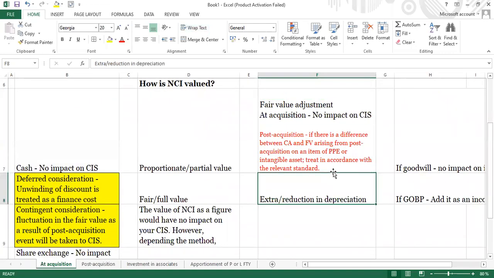So the next one is extra depreciation. Up here, when you do your fair value adjustment at acquisition, if you can remember, there is usually the concept of extra depreciation or reduction in depreciation. Whatever the case, the effect of depreciation will affect your profit or loss account.